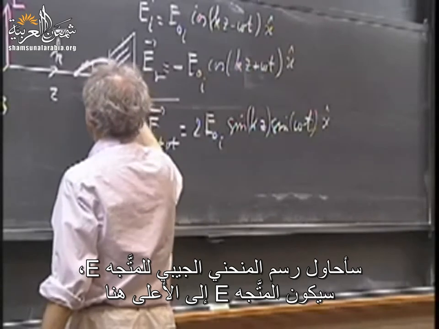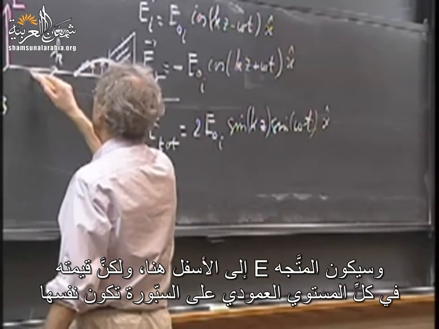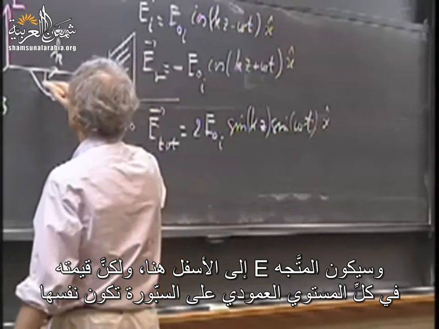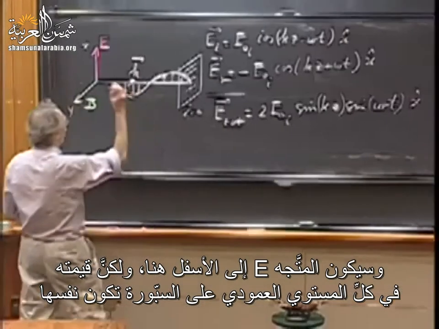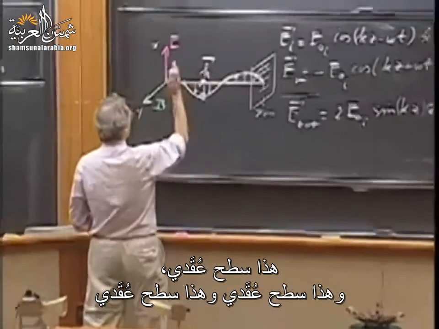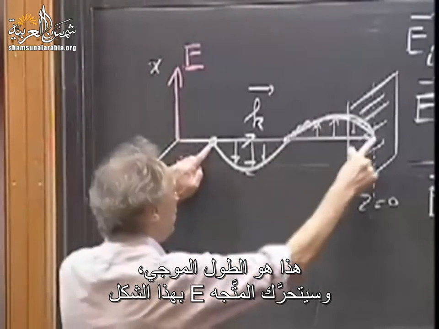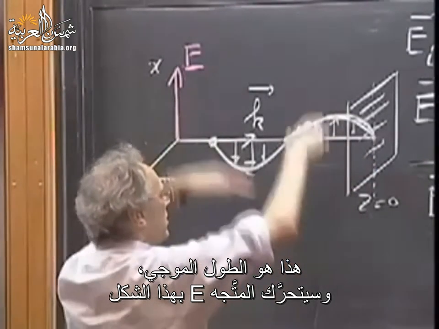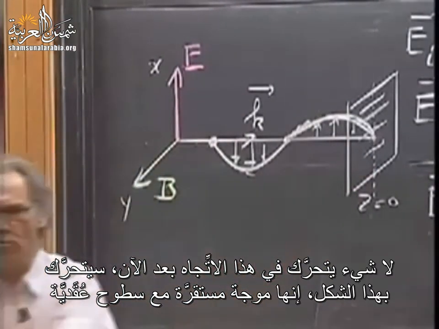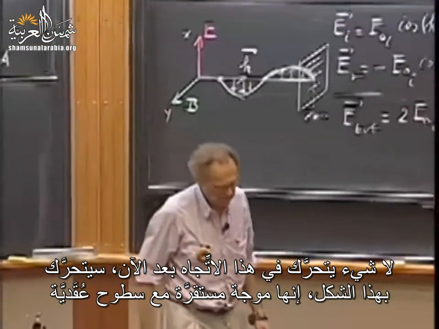It's a sinusoidal curve, so the E vector may be up here. And then the E vector would be down here. But it's all in the plane perpendicular to the blackboard the same. So this is a nodal surface, this is a nodal surface, this is a nodal surface, this is the wavelength, and the E vectors go like this. Nothing is moving anymore in this direction, it goes like this. Standing wave.